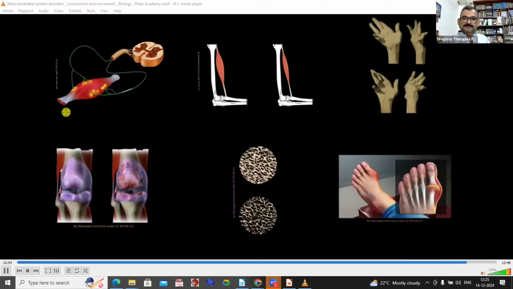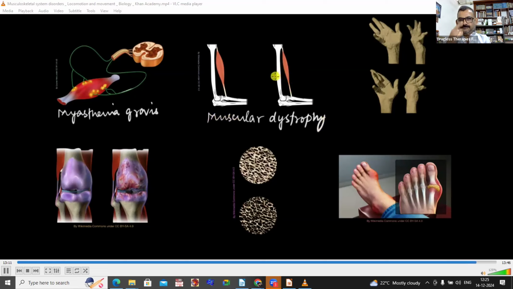So to summarize, myasthenia gravis affects the neuromuscular junction so that the muscles can't function properly. They can't contract properly and become weakened and finally paralyzed. Then in muscular dystrophy, the muscles degenerate because of genetic causes. This is tetany, where the muscles spasm uncontrollably because of low blood calcium levels.